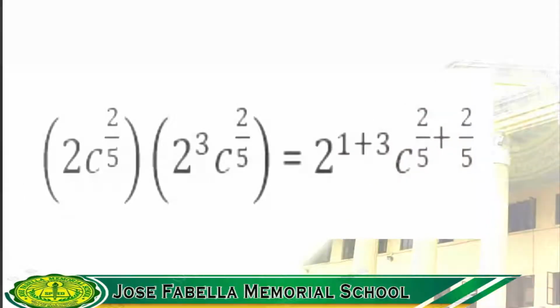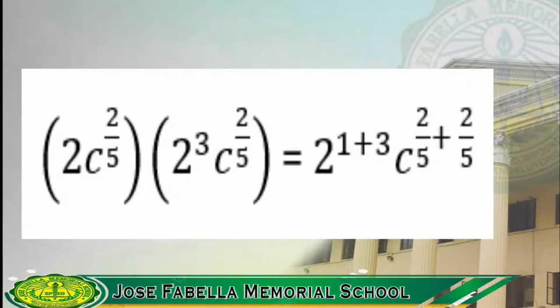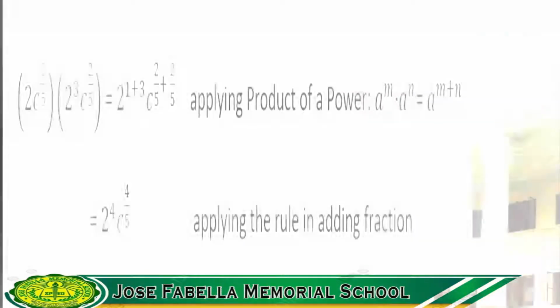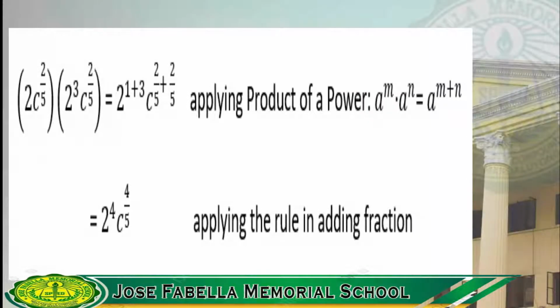So we have 2 raised to 1 plus 3, c raised to 2/5 plus 2/5. Applying the rule in adding fraction, we have 2 raised to 4, c raised to 4/5.